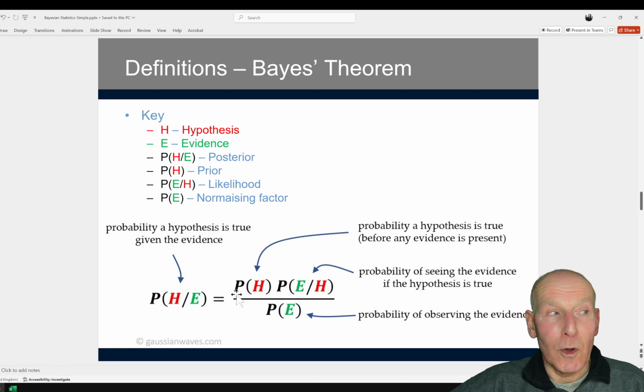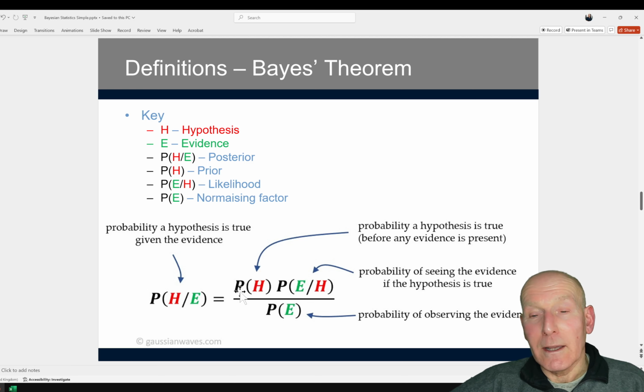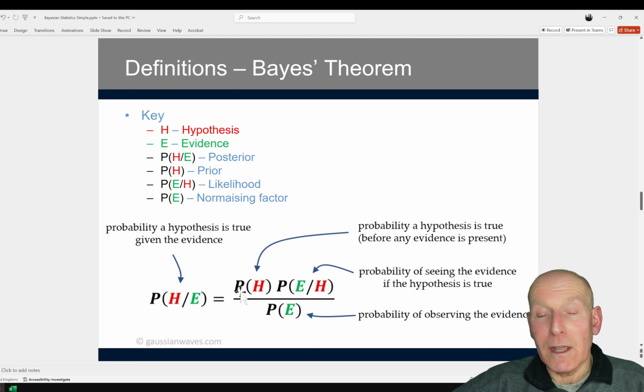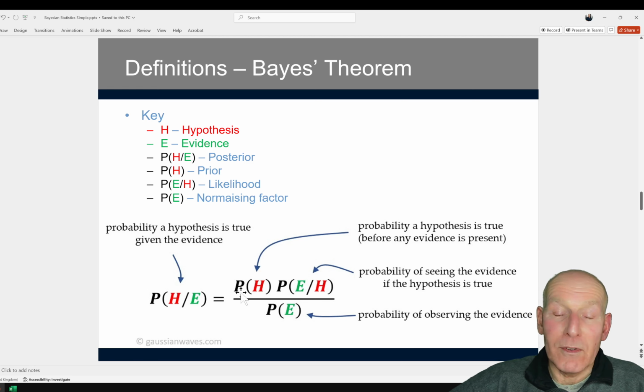The first one is what we call the prior, which is usually some information we have about the effect before we gather any data. Now, you might have a lot of information based on previous experiments or previous work, and so this could be a fairly accurate representation of your particular problem.